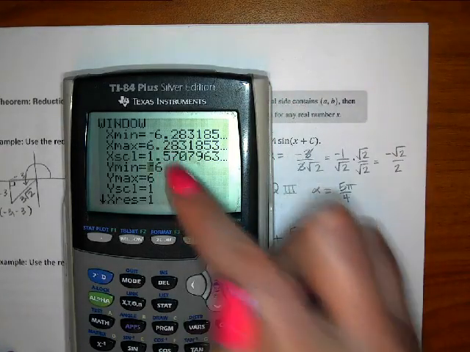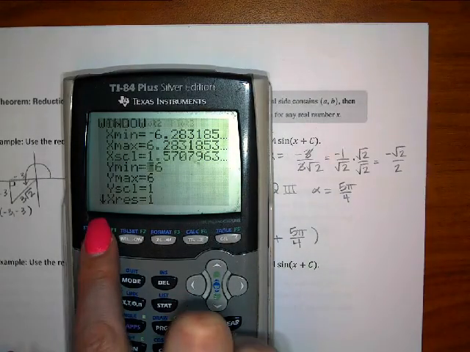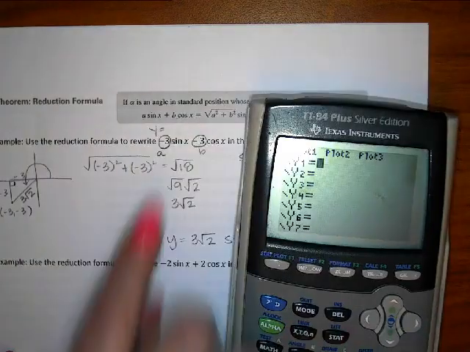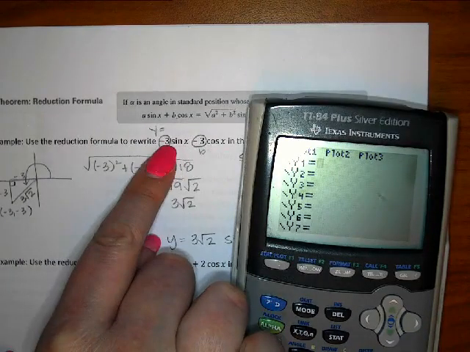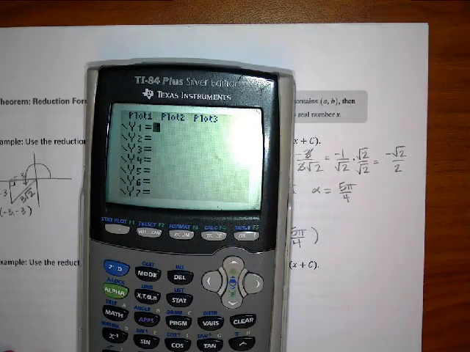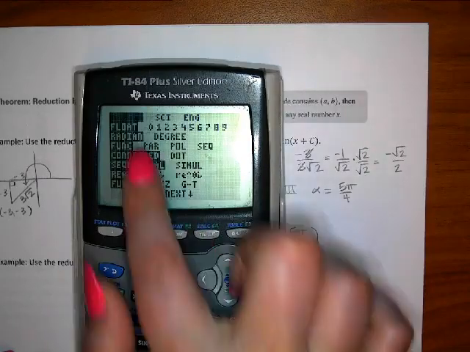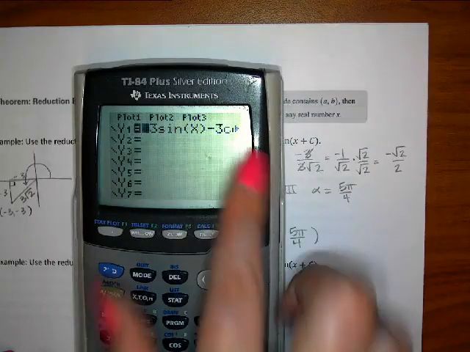Now if I go to y equals, I'm going to graph this one first. Negative 3 times sine x, minus 3 cos x, and I am in radians. I'm just going to let that graph, and so here is my graph.